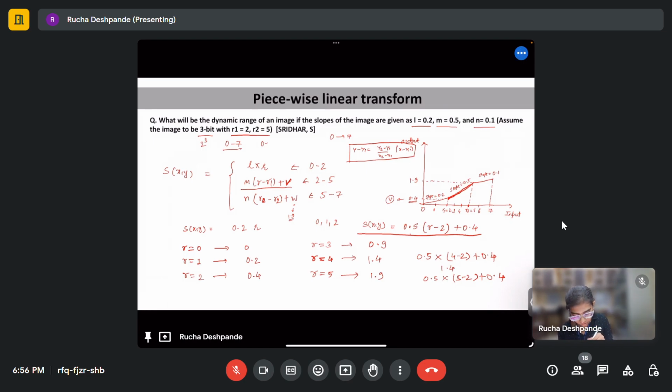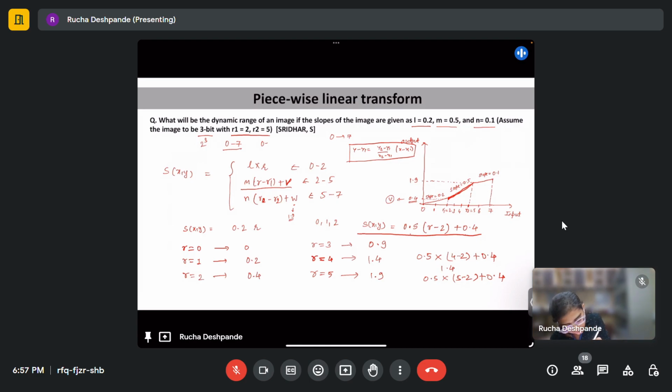See, in this equation, when my r is equal to r1, so when r is equal to 2, this term will be 0, right? So that is the value of y which remains at r equal to 2. So when I substitute r equal to 2, my y value will remain 0.4, right?